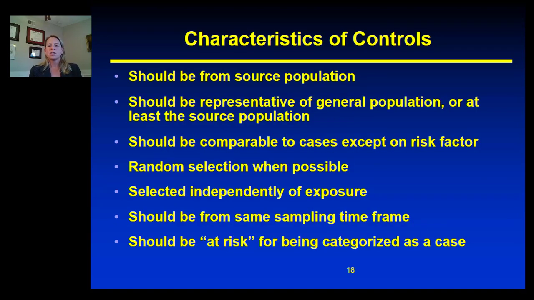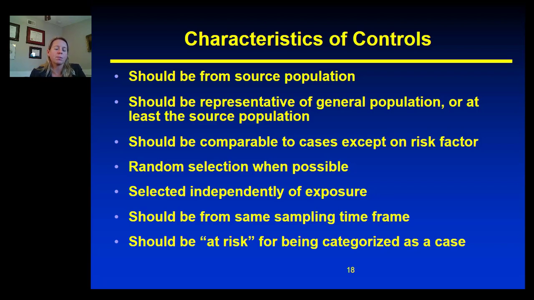As far as the characteristics for the controls, they too should come from the same source population as the cases, and so they should also be generally representative of the overall population who would be at risk for developing the disease. And they should be comparable to the cases on all factors, really, except for the risk factor, which again should not be known at the time of the case and the control selection.